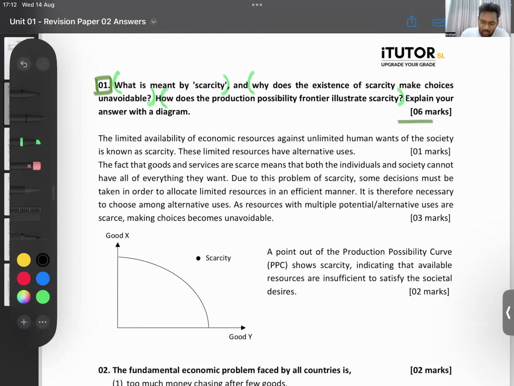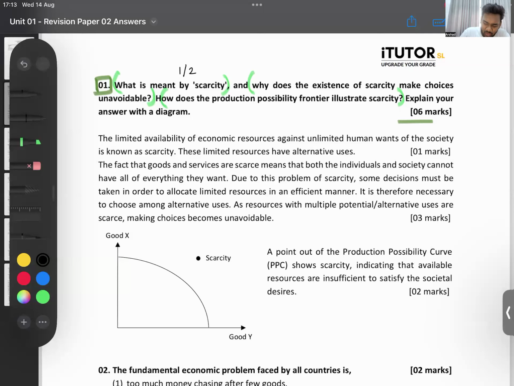I would think, what is meant by scarcity? For that, they can't give 3 or 4 marks. Maybe they might give 1 or 2 marks. Then, how does scarcity lead to choice? There, what you have to write is that scarce resources have alternative uses, hence choice.